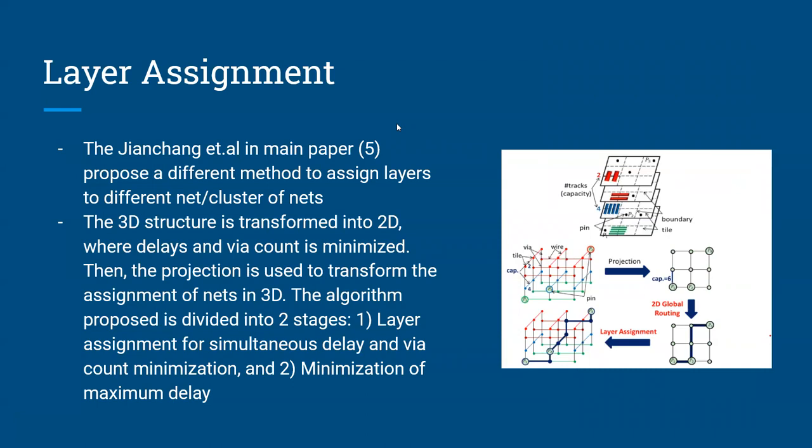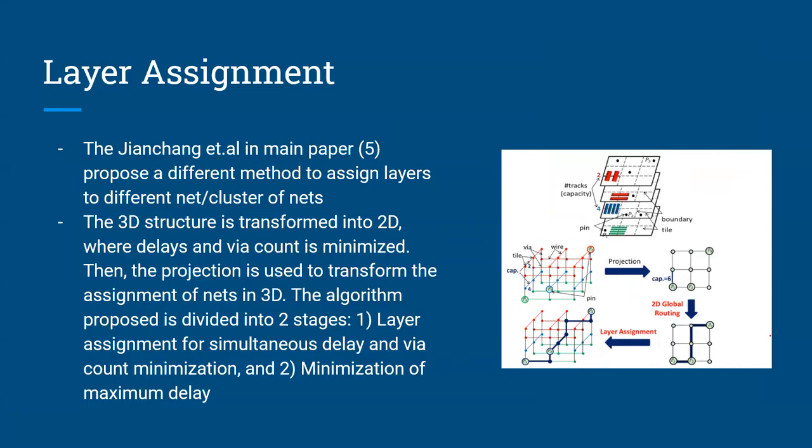And the other paper, main paper 5, produced by Jian Cheng et al., looked at the layer assignment problem very differently. In their algorithm, the 3D structure is actually transformed into 2D, where delays and via counts are minimized.